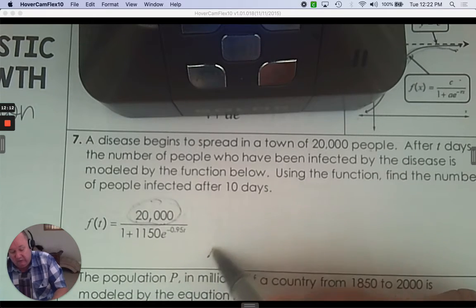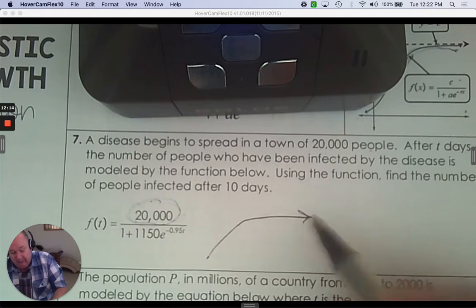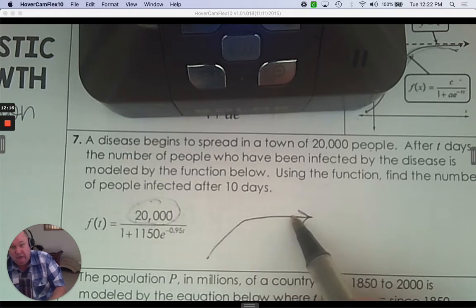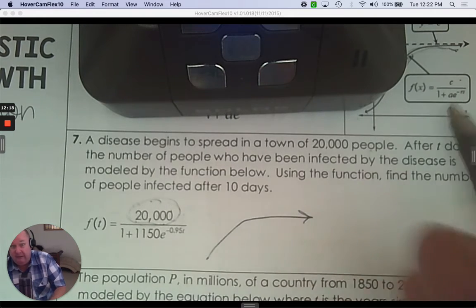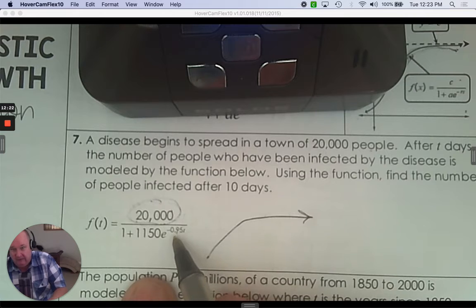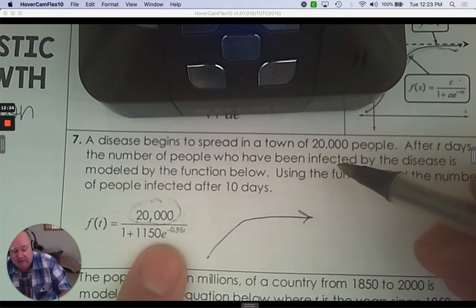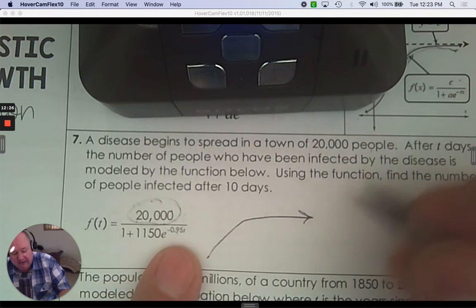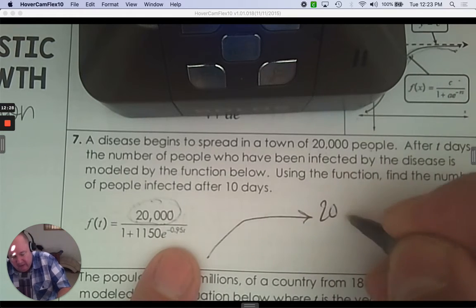So this function is going to increase. And then once it gets to 20,000 or close to 20,000, it's like done. Everybody's infected. It's over. Okay. And that's the rate of infection. So that's negative 0.95. Anyways, plug in 10 for T and then use your calculator.